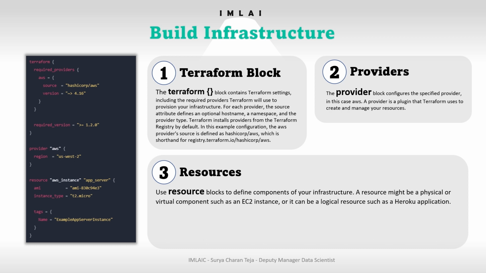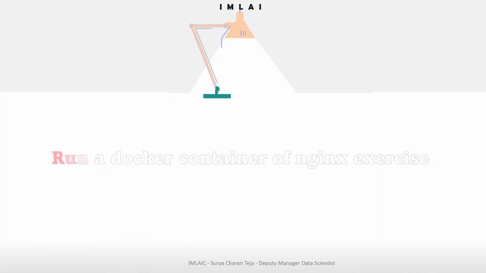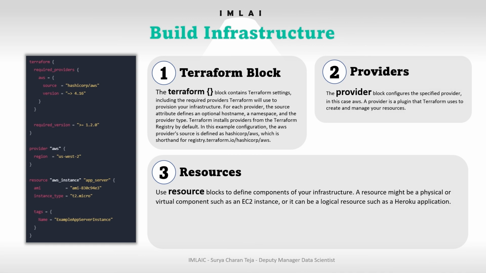Resource blocks have two strings before the block, the resource type and resource name. So here we have aws_instance and then app_server, and then AMI, and then instance type.